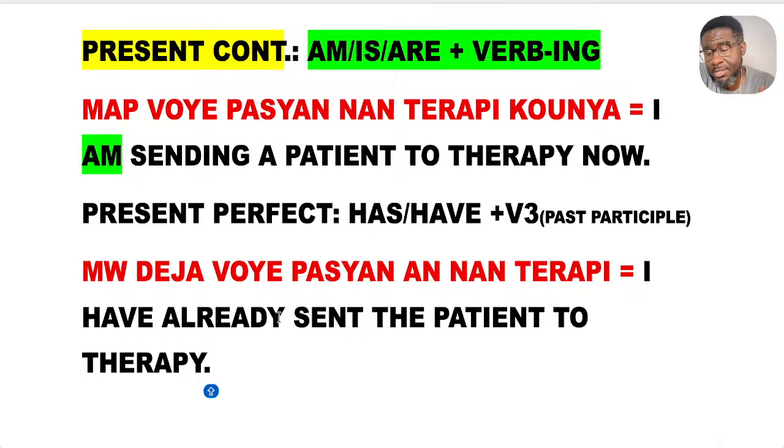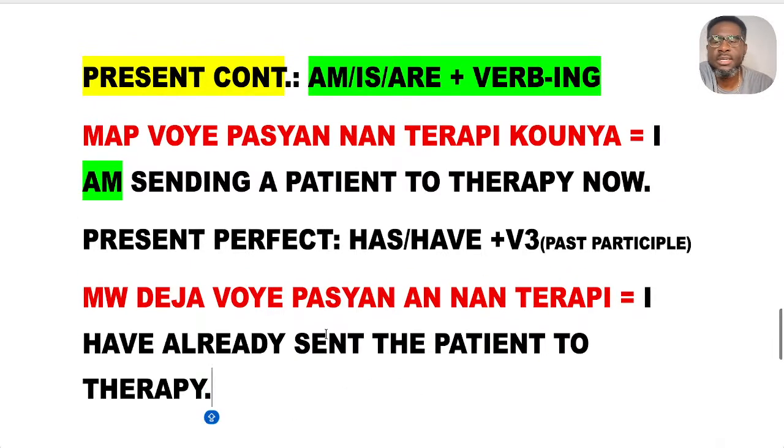Men si m ba dap mette already, m'tap juste di I have sent the patient to therapy. Ok, ça veut dire que m déjà voye patient dans thérapie. Donc patient gen doit toujours là, il gen doit dans thérapie an gen doit commencer ou comme ça tout thérapie an gen doit poko commencer, mais l'essentiel c'est que moi voye le déjà. Ok, I have already sent the patient to therapy.